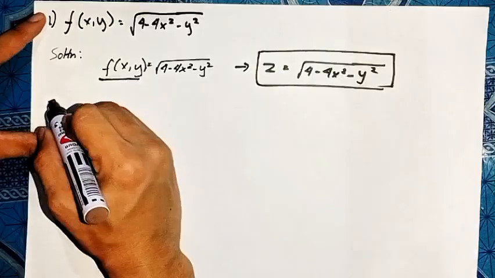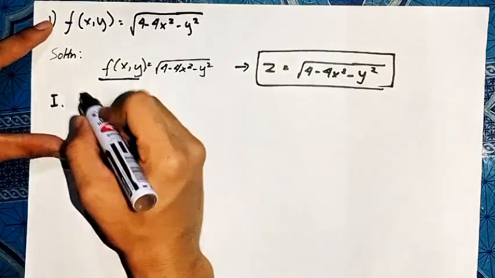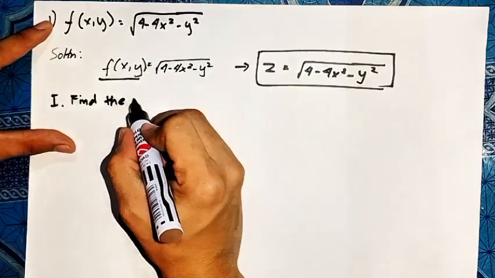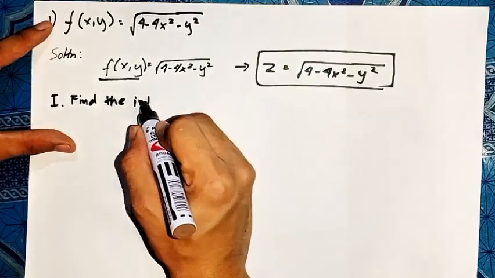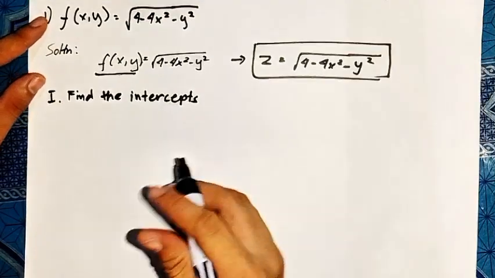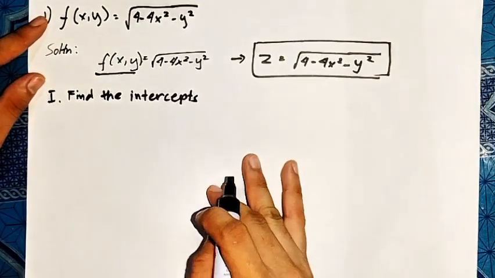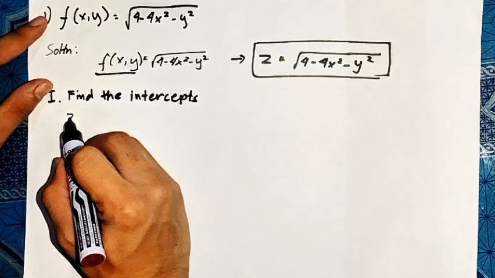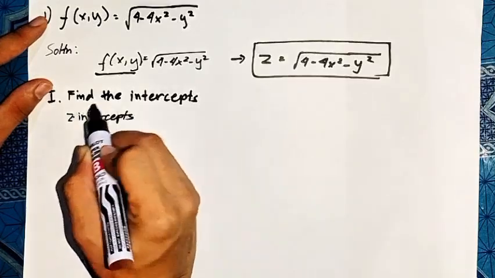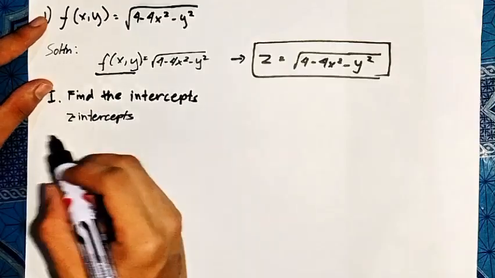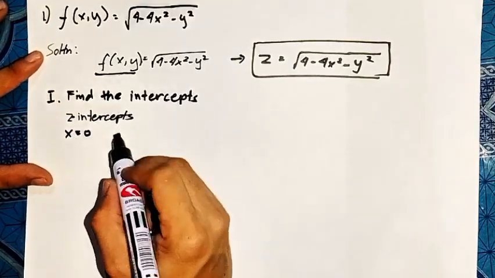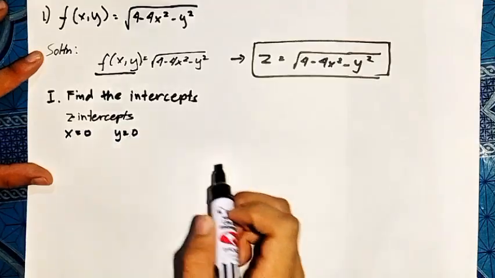Now, first, find the intercepts. We have three intercepts: the z, x, and y. So first, find the z-intercepts. In finding the z-intercepts, we must first let x is equal to 0 and y is equal to 0.